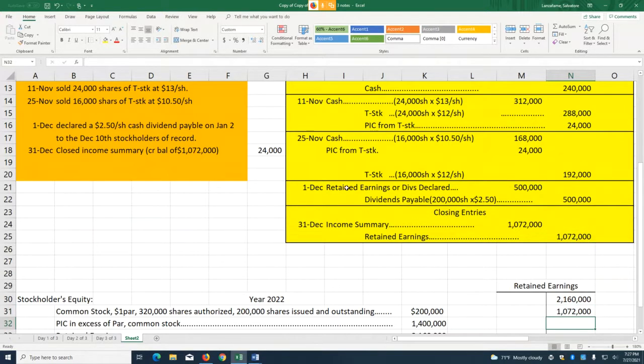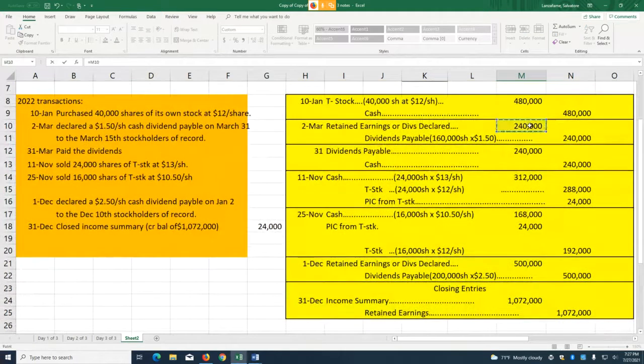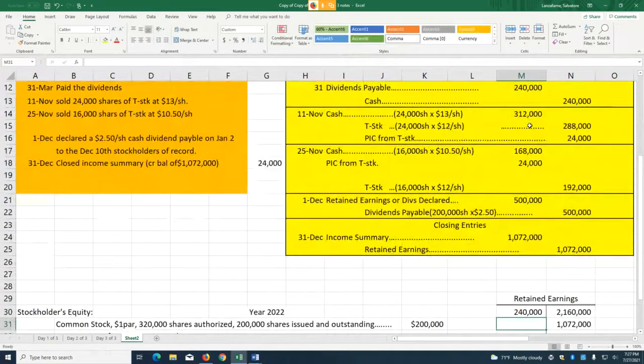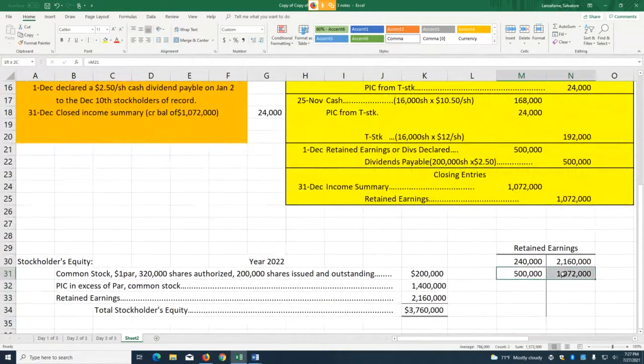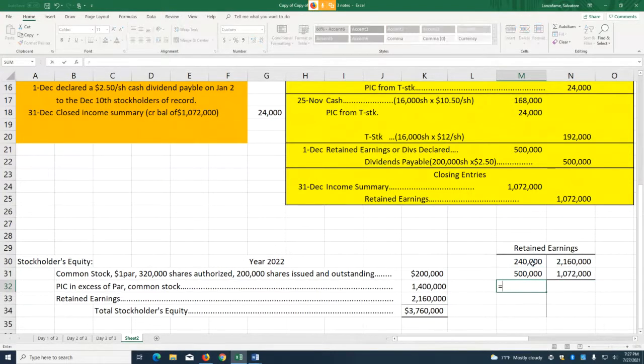Because of the dividends declared, we debited retained earnings for 240 and also for 500,000.